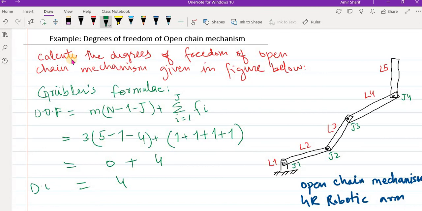So it means the degrees of freedom of an open loop, open chain mechanism, are equal to the number of joints it has. If revolute joints are being used, the degrees of freedom will be equal to the number of revolute joints.